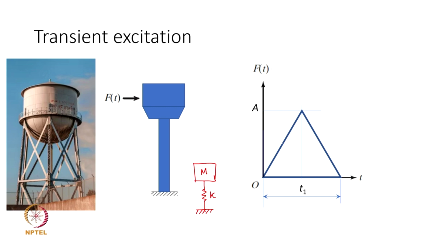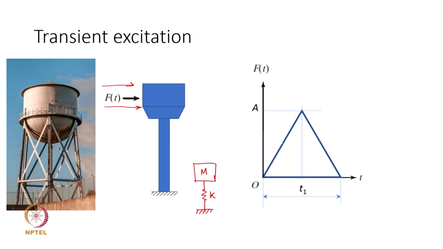Okay. So, the function that we are trying to evaluate here as a forcing function is a triangular wave. It is presumed that there is some kind of blast excitation, or a foreign object impacting on the tank laterally.